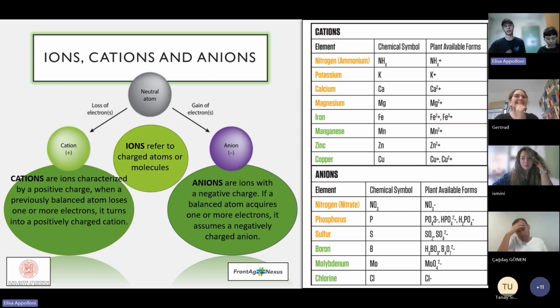On the other hand, we have anions, which gain an electron, and so they gain a negative charge and become negatively charged. This is very important because all the nutrients can be absorbed by the roots only if they are in ion form.